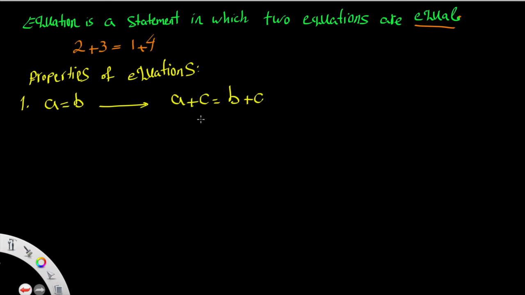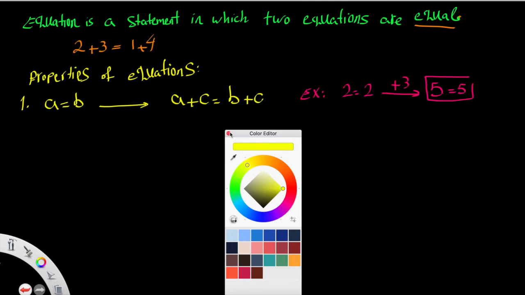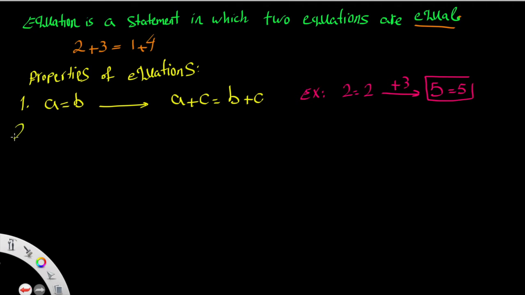It means you are allowed to add a constant to both sides. For example, we know that 2 is equal to 2. When you add 3 to both sides, left is 5, right is 5. Again, they are equal. So it's the first property that you can add a constant to both sides.